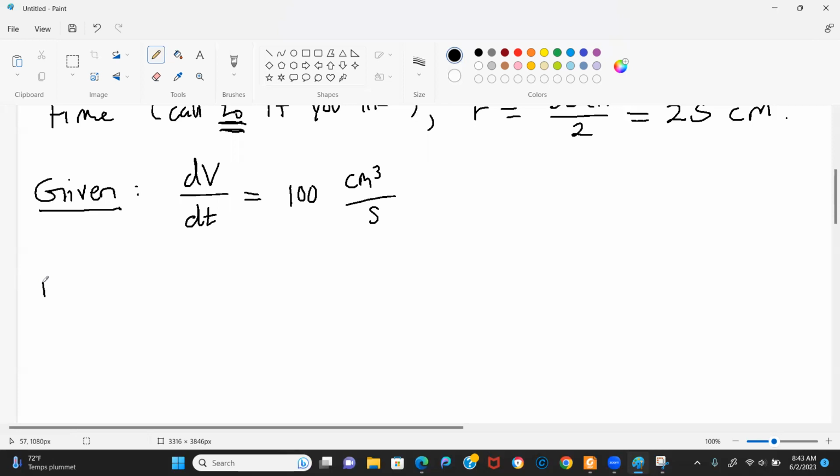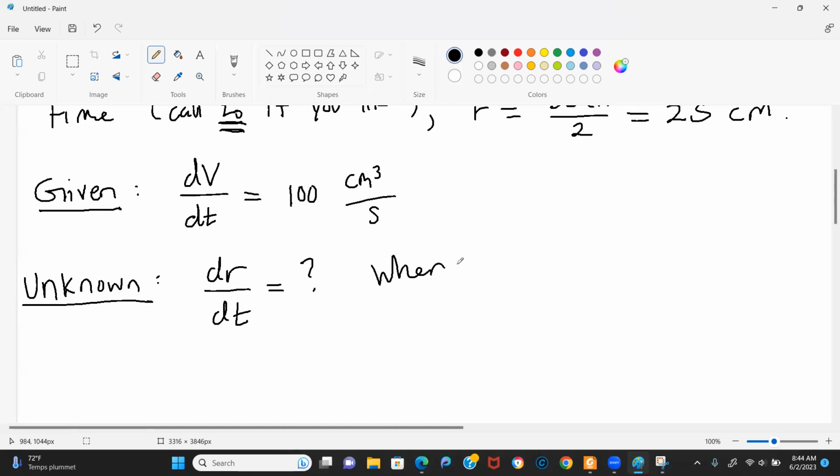And then the unknown is, what is the unknown? Well, we want to know the rate at which the radius is changing when r is equal to 25 centimeters.